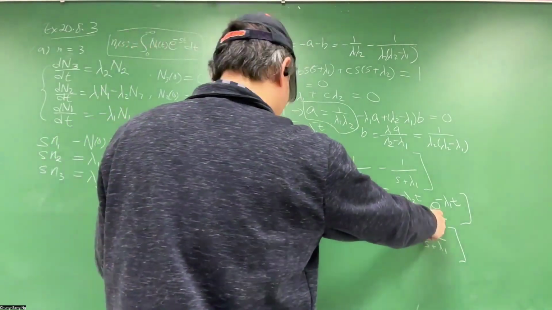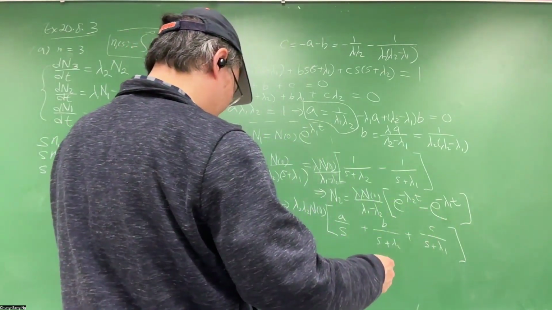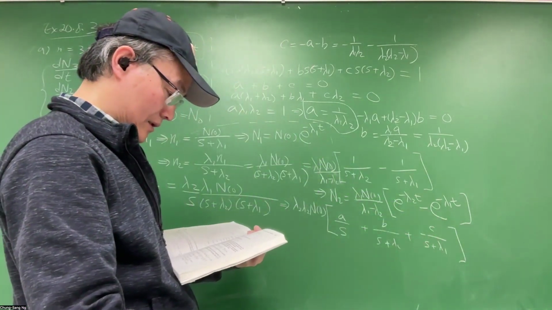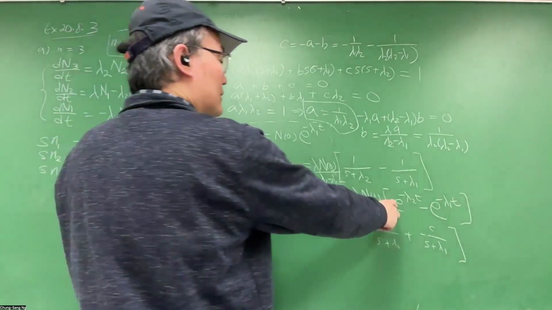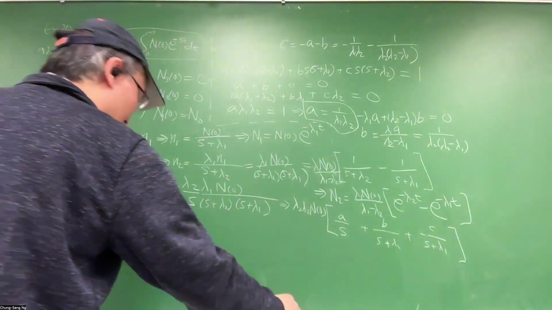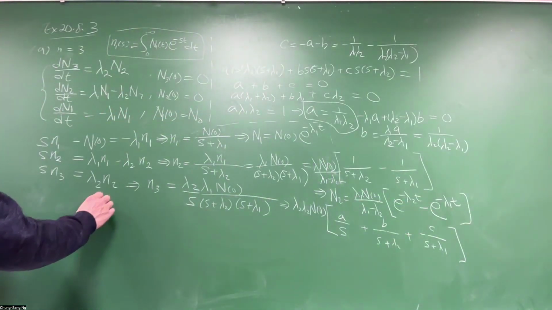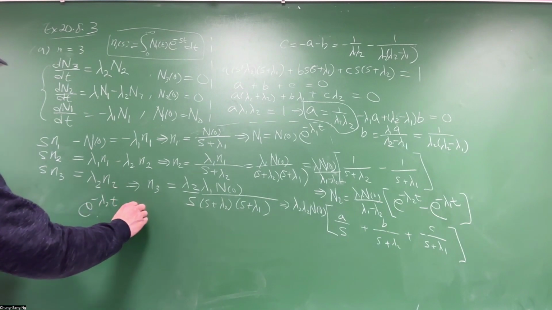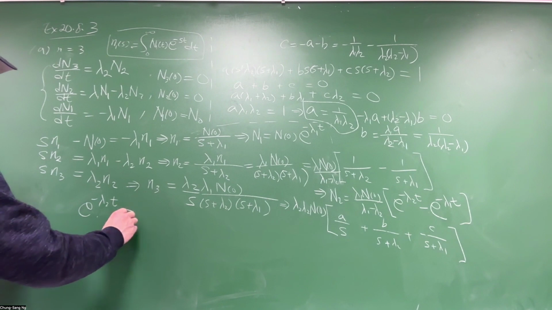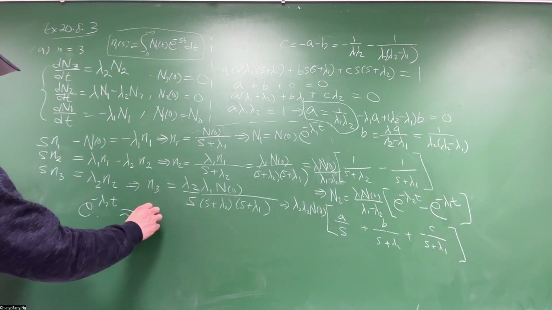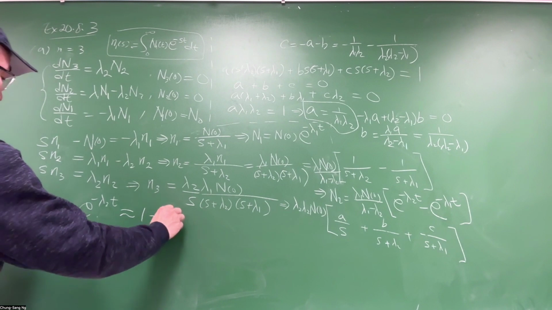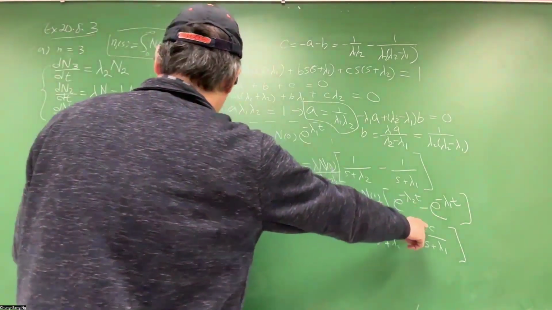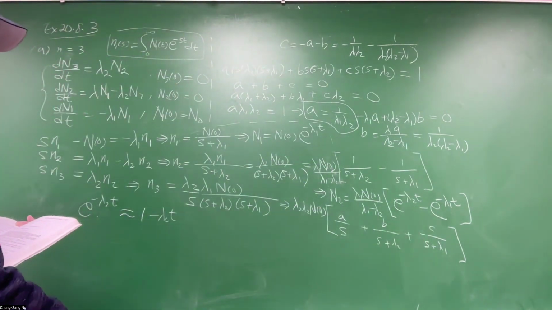It's roughly the same, right? In the small time limit, for small t, this exponential function is approximately 1 minus t, right? And similarly for the other one.